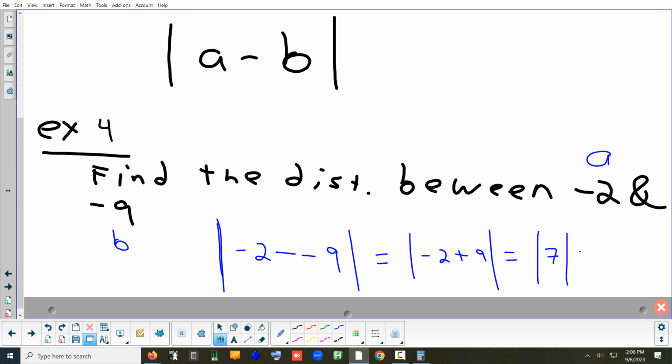It's going to give me +7. And the absolute value of +7 is 7. Okay, so that covers most of what I wanted to talk about with just a one-dimensional coordinate system and absolute value.